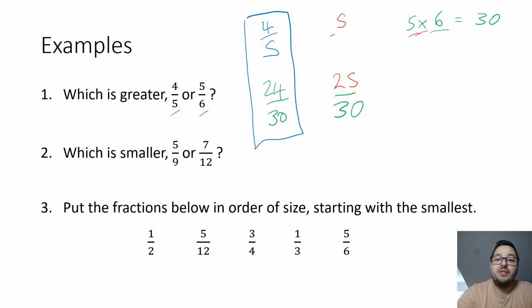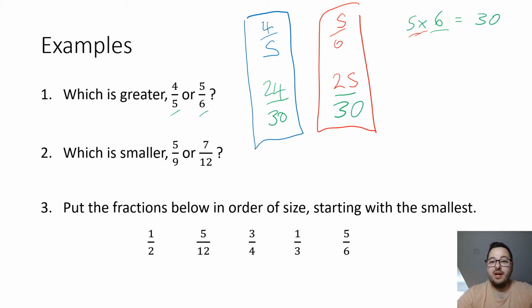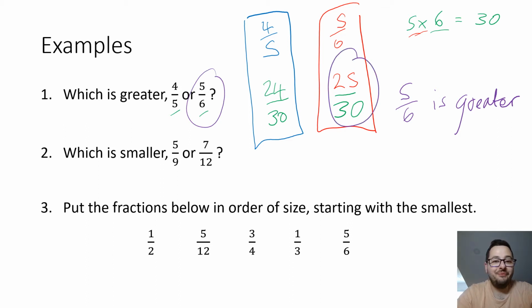So that is equivalent to 5 over 6. From this, we want to figure out which is greater. Obviously 25 is bigger than 24, so 5 over 6 is greater. Always remember to write down the original fraction in the question, not the one you've converted it to. So that's the answer to the first one.